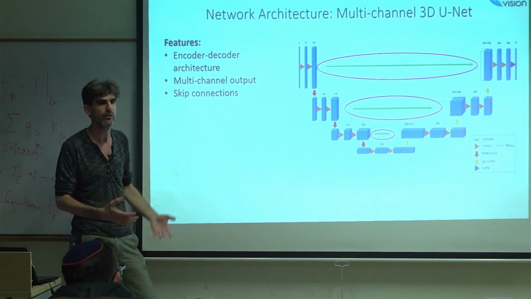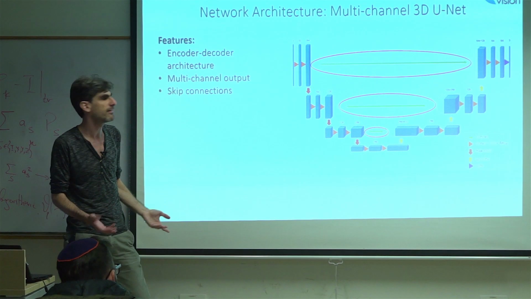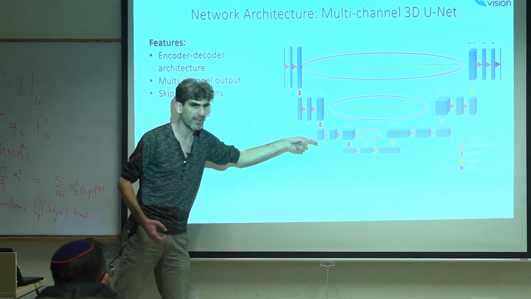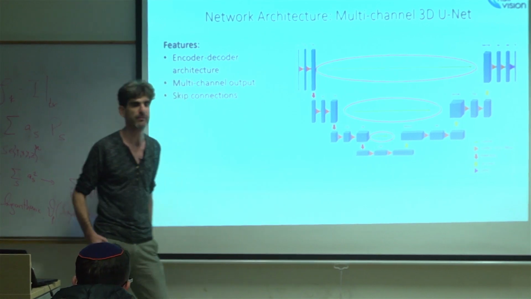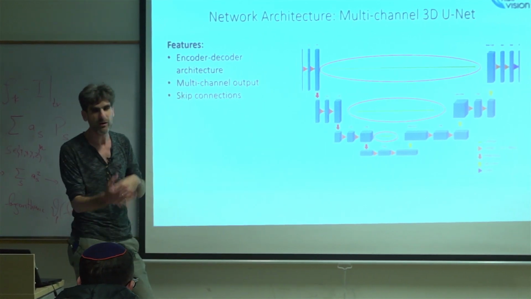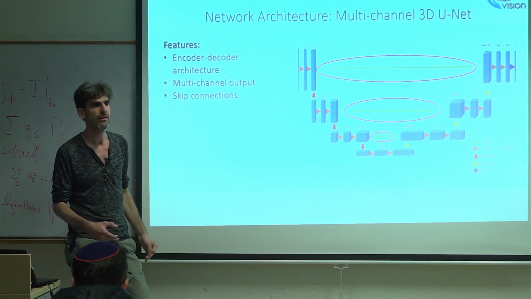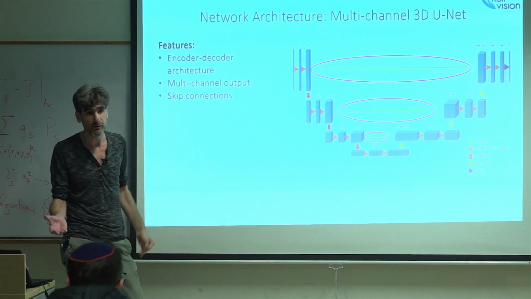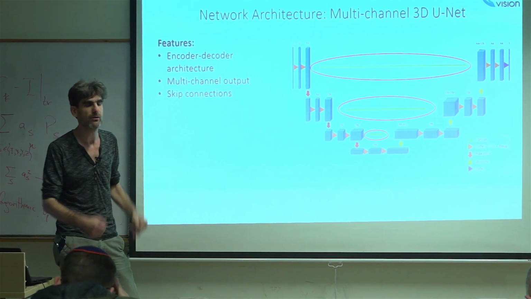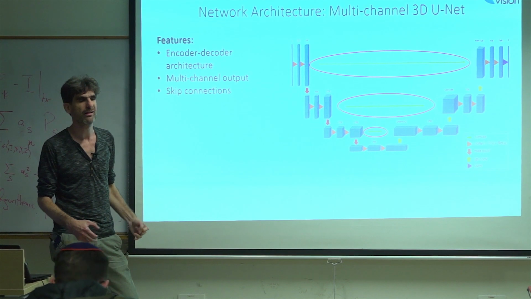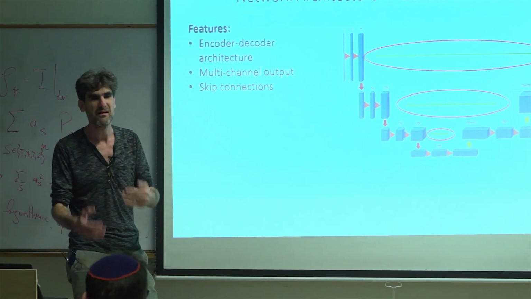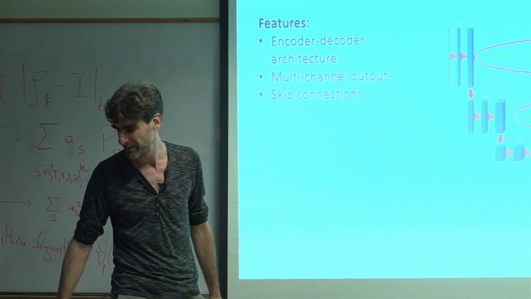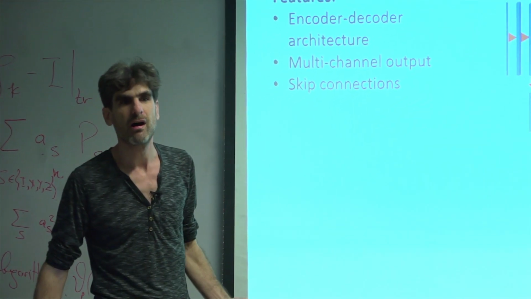And there are many, many bells and whistles that people add to these architectures. You could inject the input again here, downsize it, and put it in here explicitly, and all kinds of multi-scale things that in some cases are useful, in some cases don't make all that much of a difference. There's a lot of engineering going on in these architectures, and a lot of literature with people playing around with basic systems.